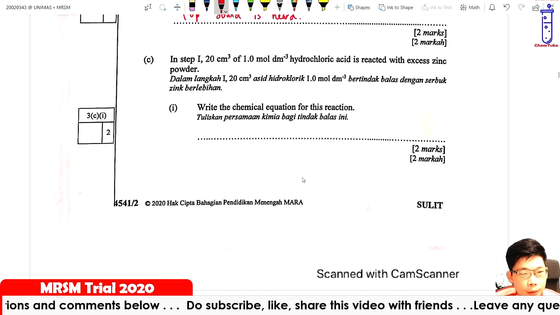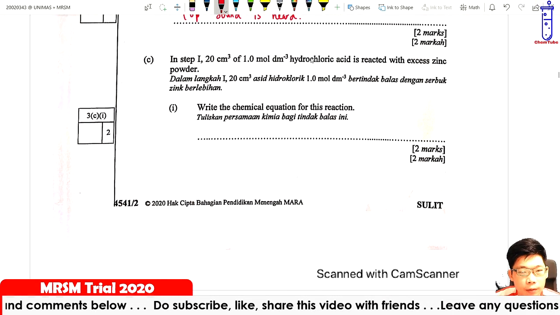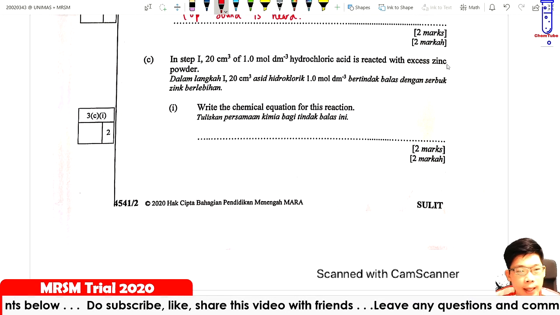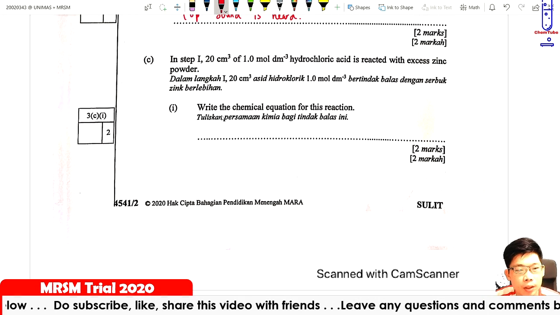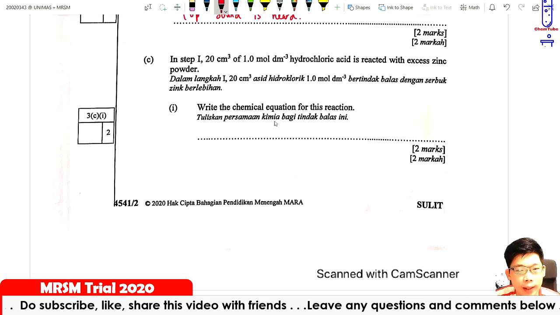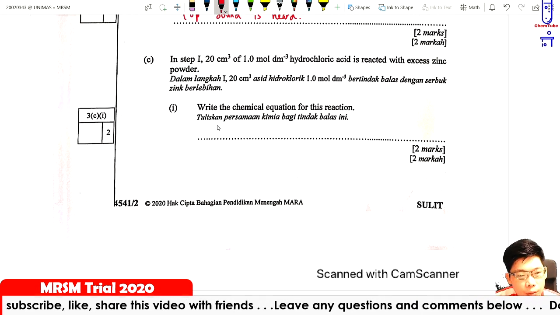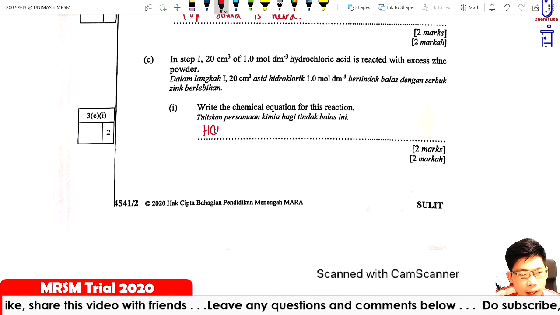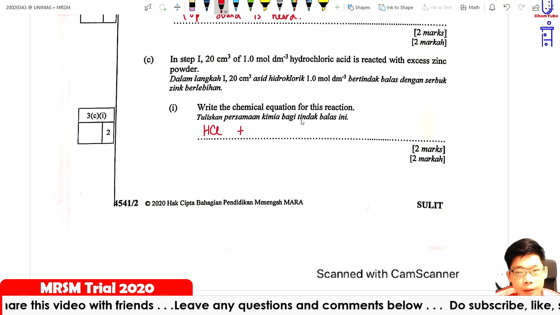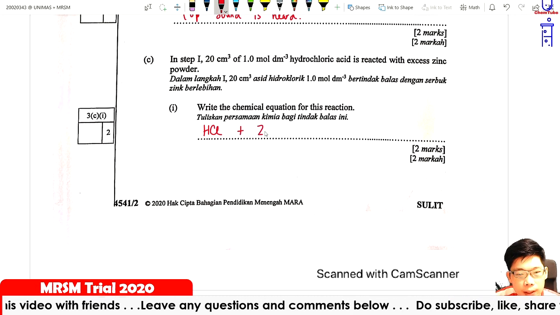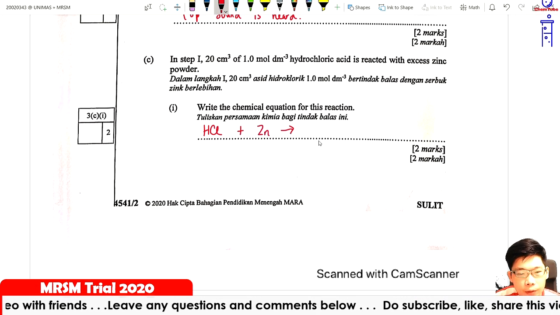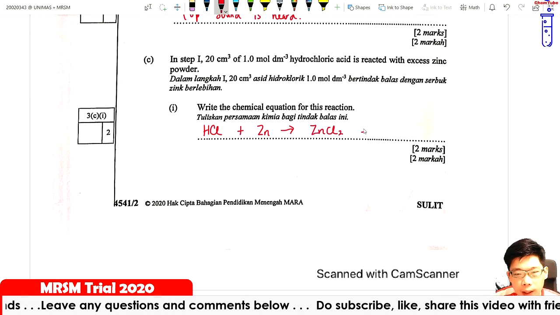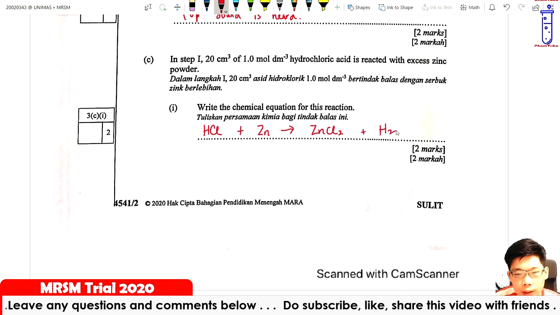Okay, in step 1, 20 cubic centimeter of 1 mole per cubic decimeter hydrochloric acid reacted with excess zinc powder. So write the chemical equation. So hydrochloric acid HCl reacts with zinc powder. Zinc is a metal, so it forms a salt, zinc chloride, and hydrogen gas.